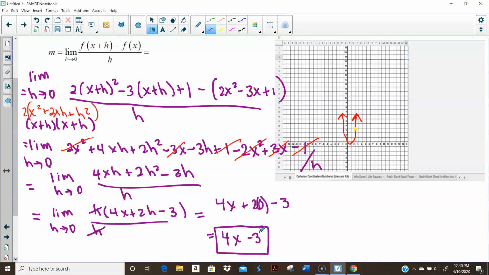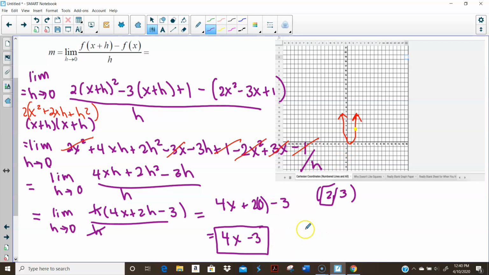Now, if I want to know the slope of this tangent line at exactly x equals 2, then I am going to take 2, which is the x value, and plug it in for x, and that's going to give me the exact slope at this point right here, or the exact rate of change at that point.